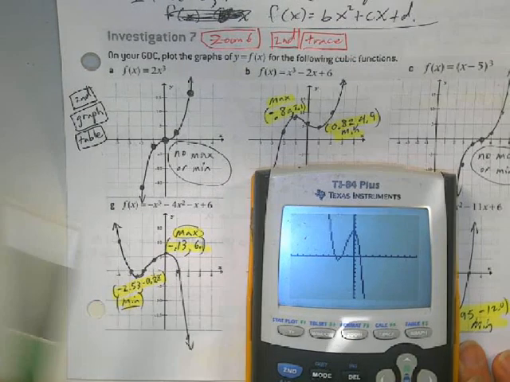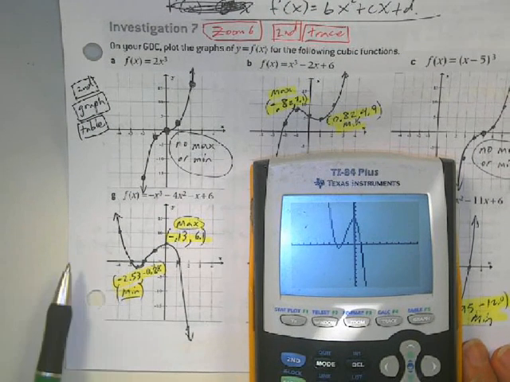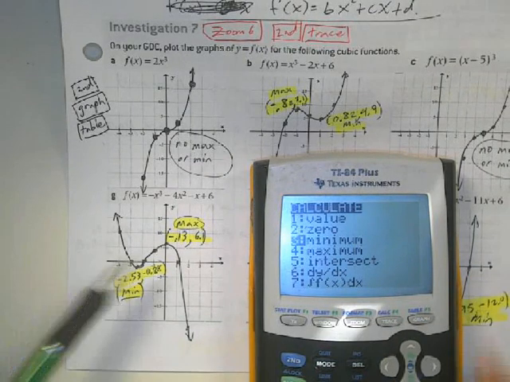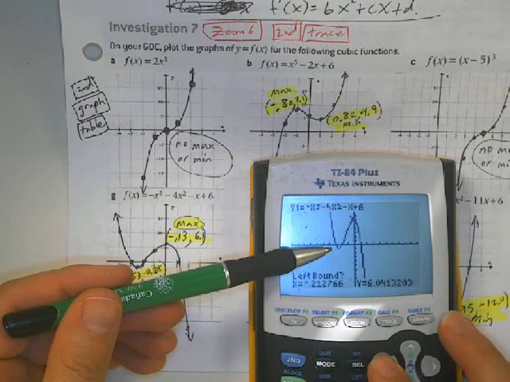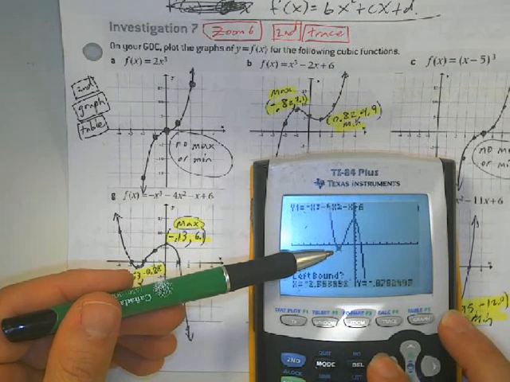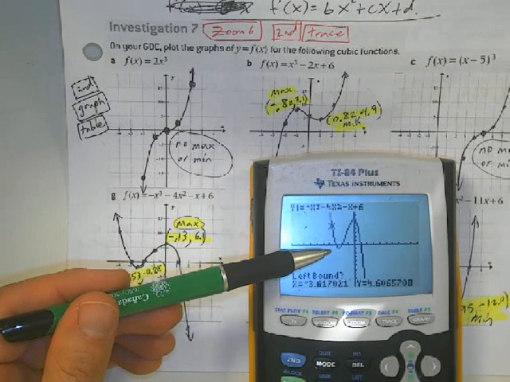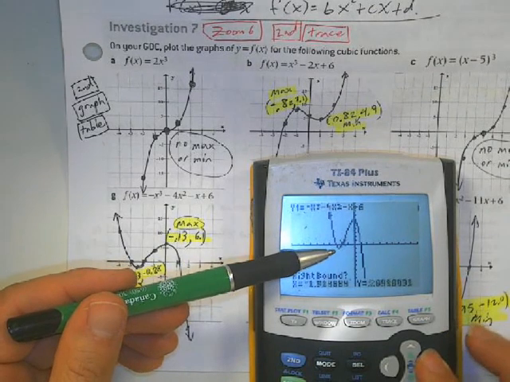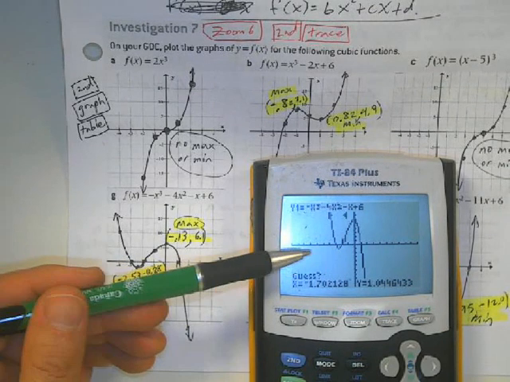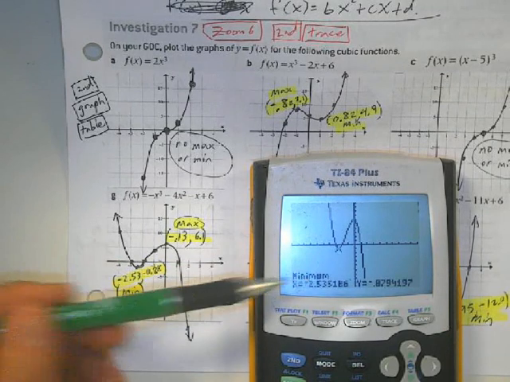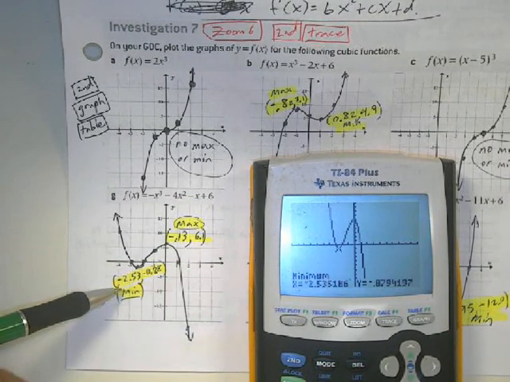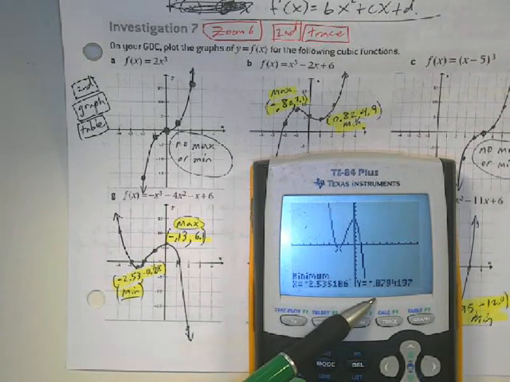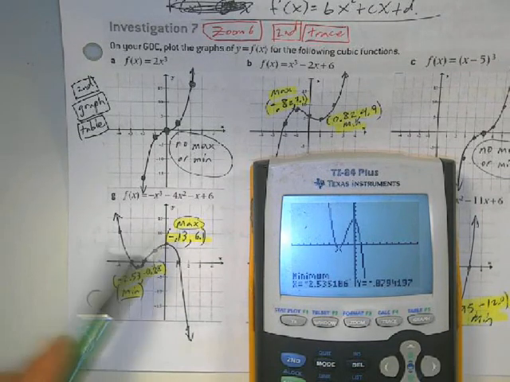Same process to get the minimums and maximums: second trace, minimum. Go over here, enter. Now it says right bound. I'm going to go over here, enter, hit guess. I hit enter, and now it tells me that the minimum is negative 2.5, comma, negative 0.88. Same process for maximum.